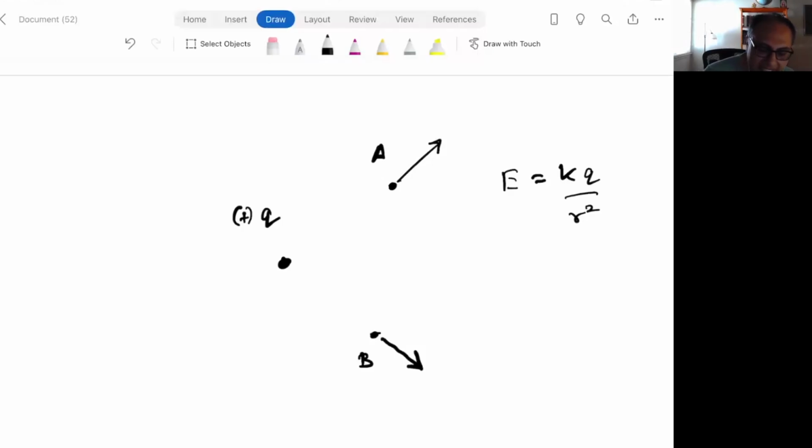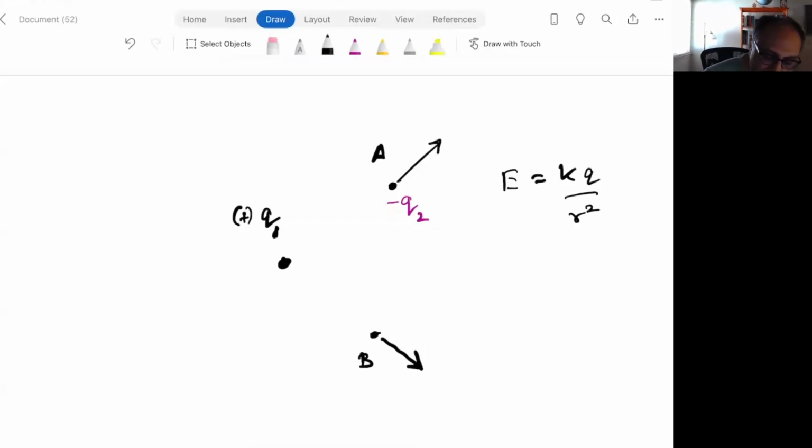Suppose I place a negative charge at the location of A. It's an excellent question, so it ties into what we just discussed a moment ago. Suppose this charge was Q1, and I place a negative charge minus Q2 at the location of A. And A is just a location in space. It doesn't have any properties at all. Now, forget about Q1 for now.